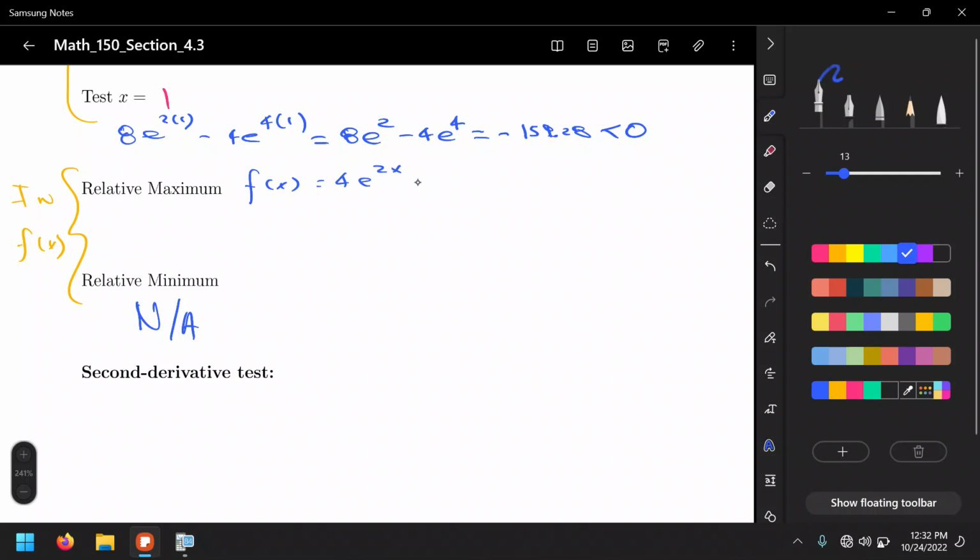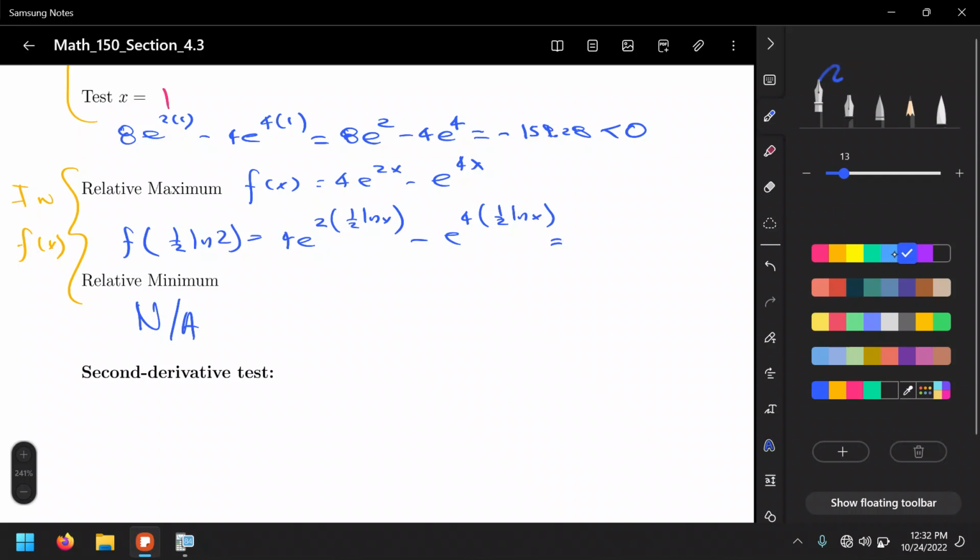That's going to be f evaluated at 1/2 ln of 2. This one is going to be a little weird, but it's going to reduce very nicely. So that's 4 e to the 2 times the quantity 1/2 ln 2, minus e to the 4 times the quantity 1/2 ln 2.